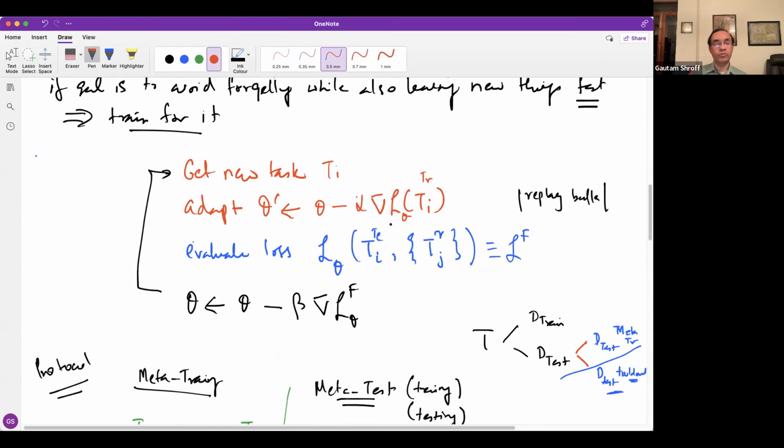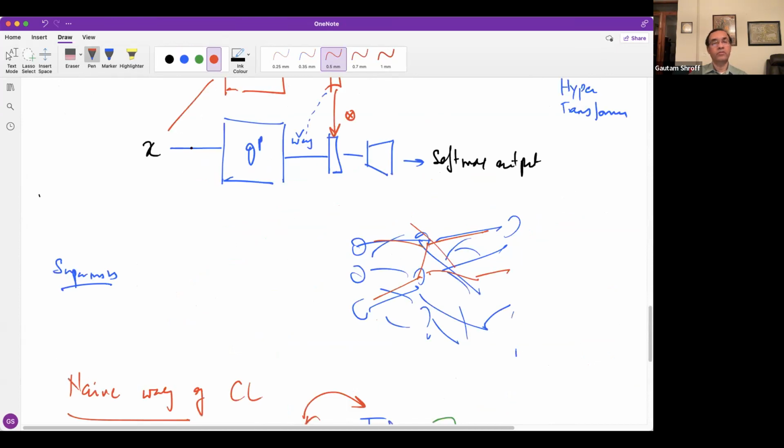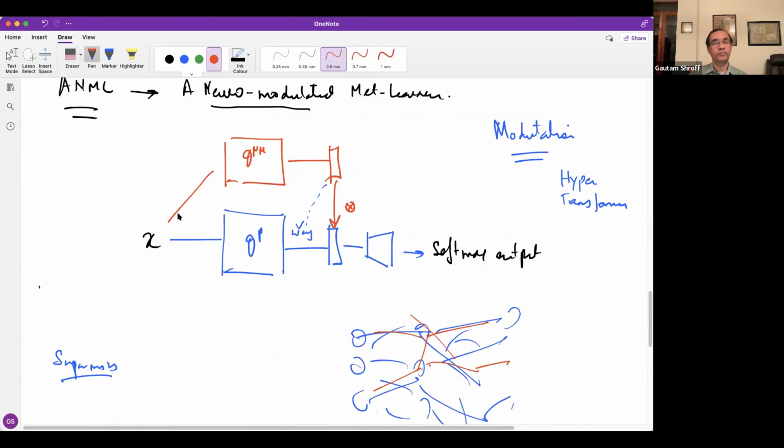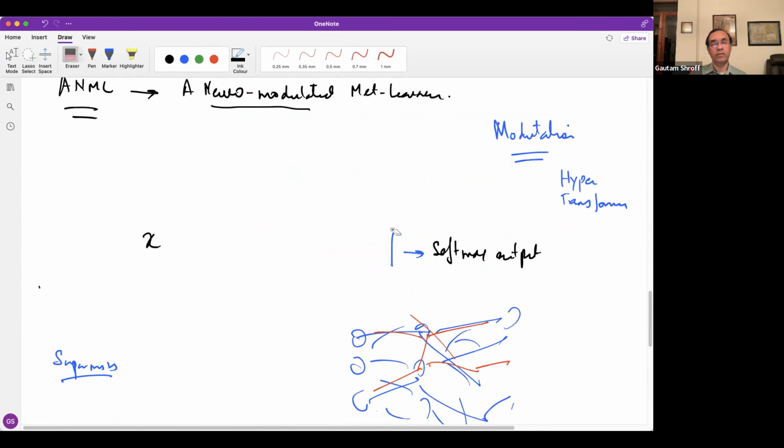I suppose I should have written these in different colors. Let me just do that so that it becomes very clear. Let me get rid of this. Let's write it again, so that this part is red.